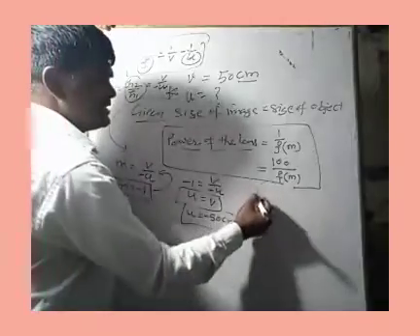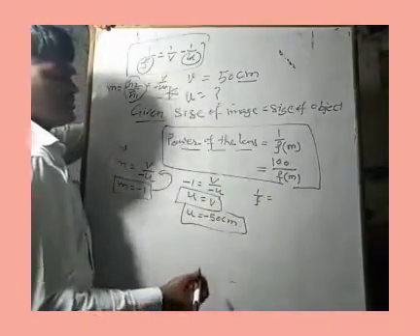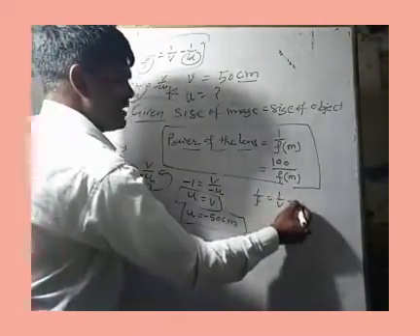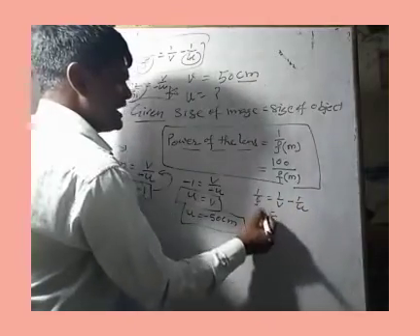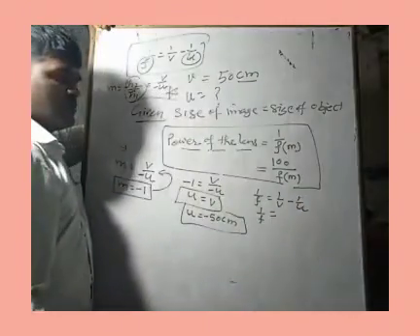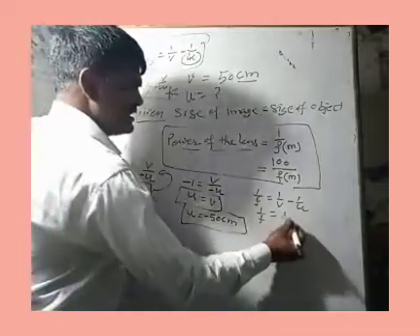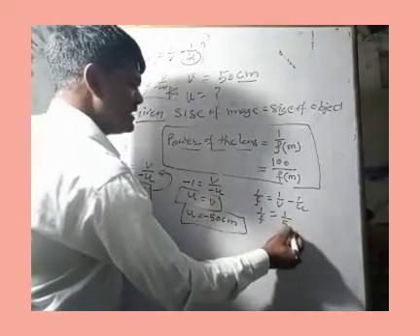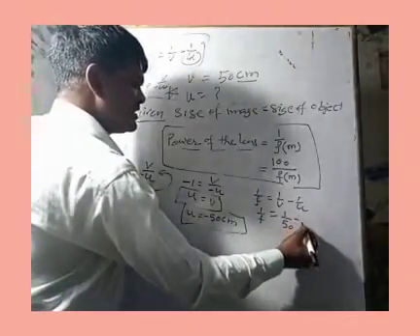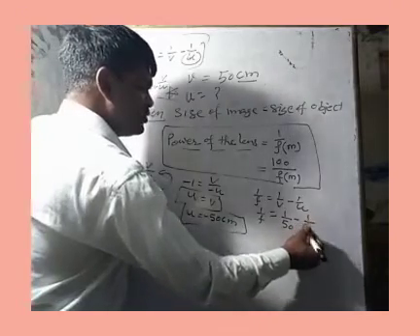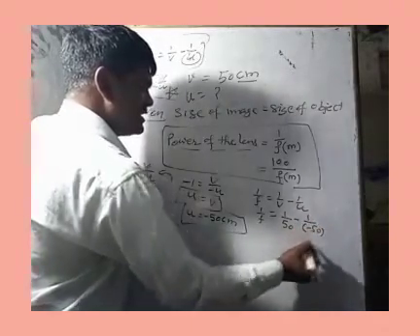Now using lens formula, 1 by v minus 1 by u, we can easily calculate 1 by f, or say focal length of the lens. It is going to be 1 by 50. Minus is already there in the formula, so u is minus 50.